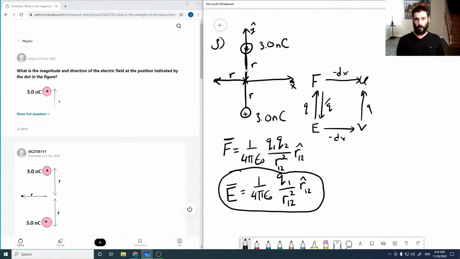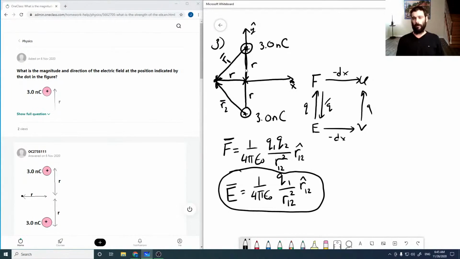So going from this positive charge down to here, I'm going to call that R1. And going from here up to here, I'm going to call that R2.